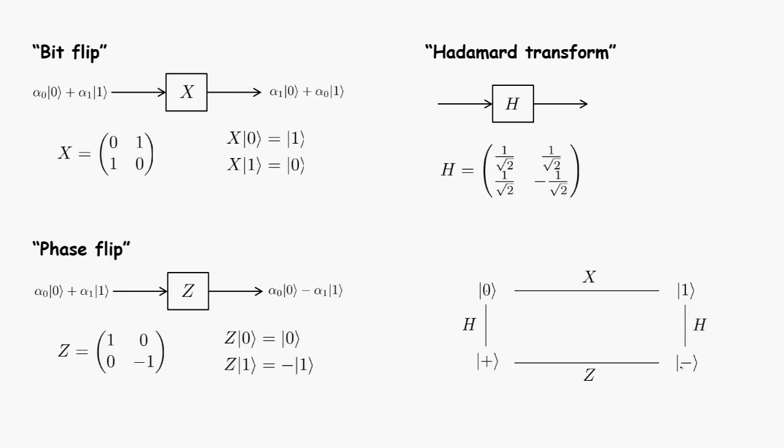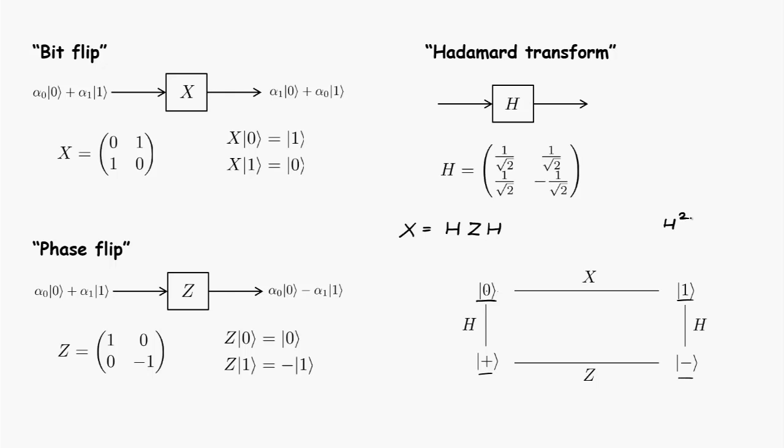So in fact, if you want to apply a bit flip, so you want to swap 0 and 1, one way to do it is you apply the Hadamard. Now you have done a change of basis so that instead of 0 and 1, you're working with plus and minus. But now if you want to swap plus and minus, you should apply the phase flip gate, Z. And so you can write that X is the same as first applying a Hadamard, then applying Z, and then applying the inverse of the Hadamard, which is the Hadamard itself, right?